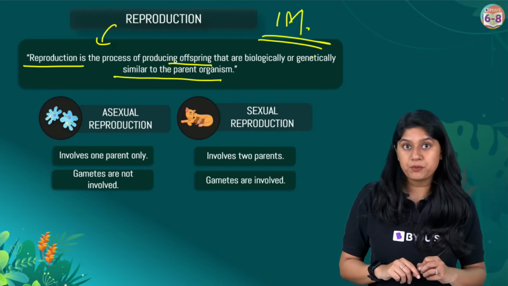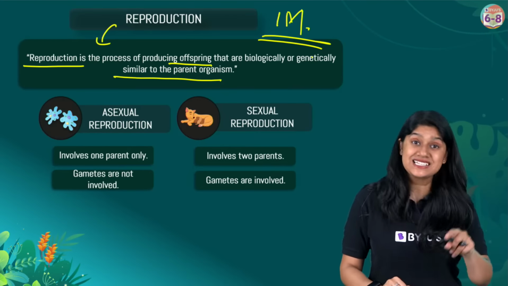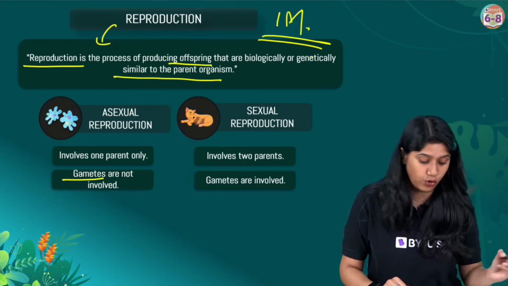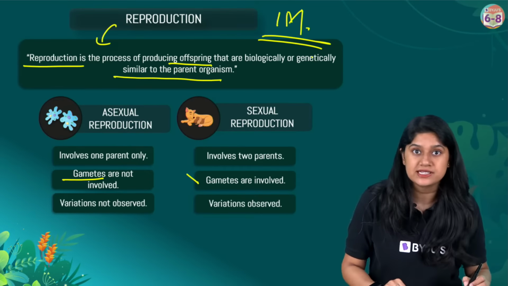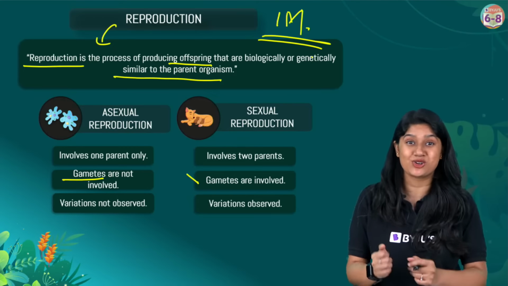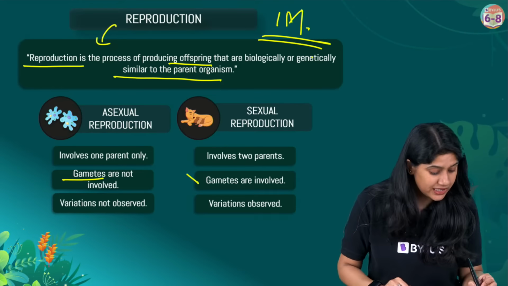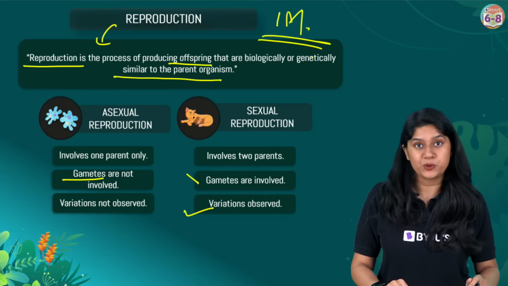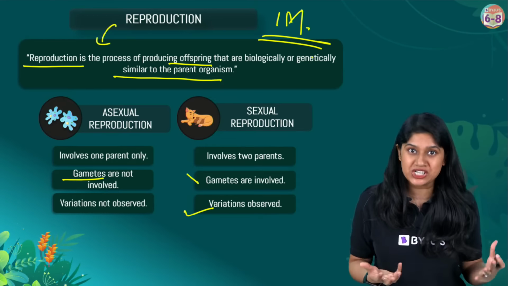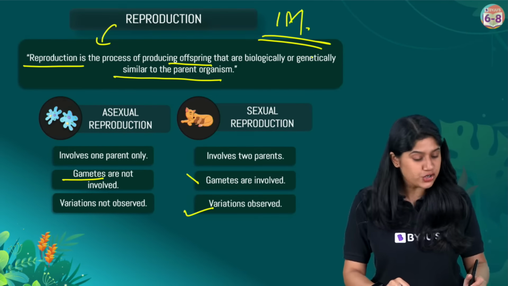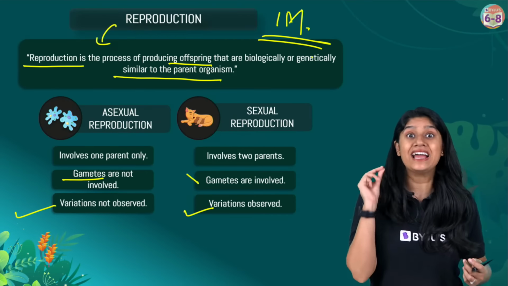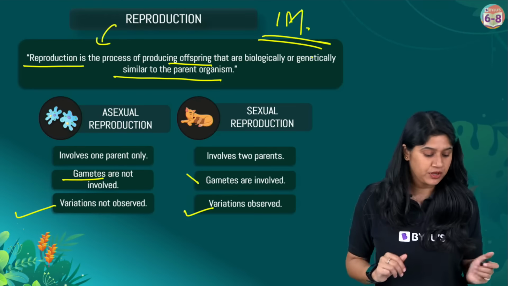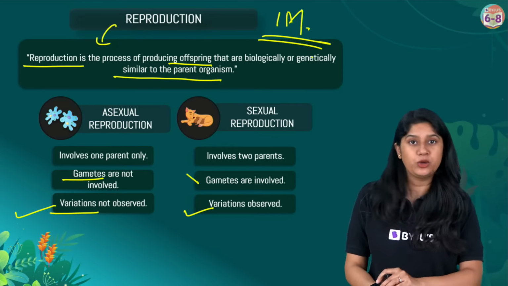Then the next important point: in asexual reproduction, no gametes are involved, and in sexual reproduction, gametes are involved. The main difference between asexual and sexual reproduction is that we will see variation in sexual reproduction because there is a mixing of genetic material, whereas in asexual reproduction, the organisms that are produced will be identical to their parent. So we will not see much variation there.